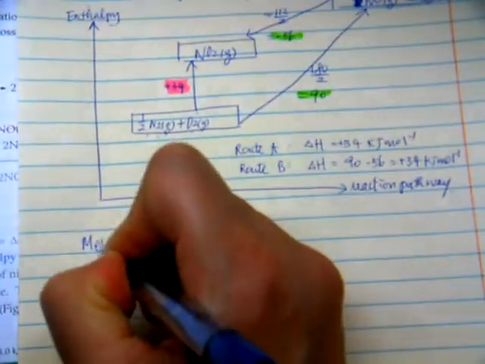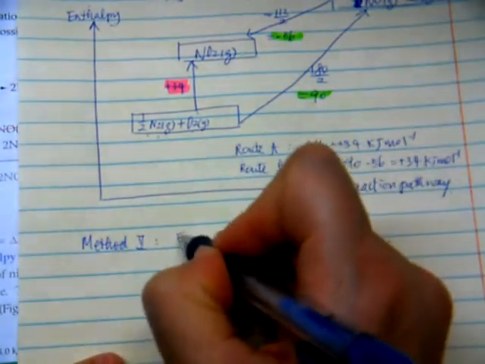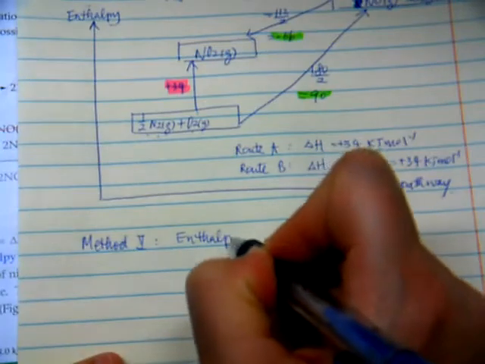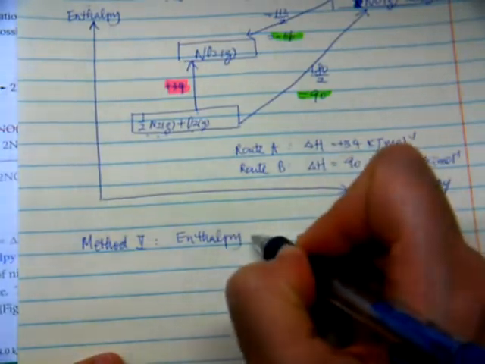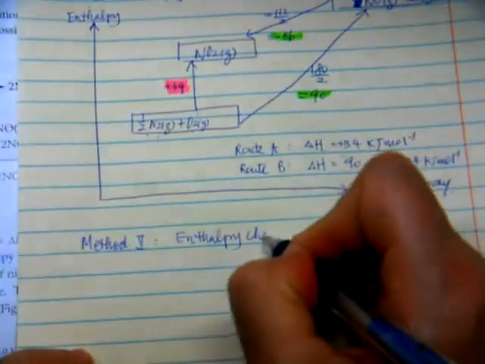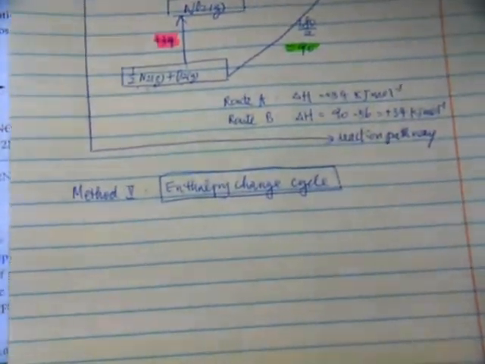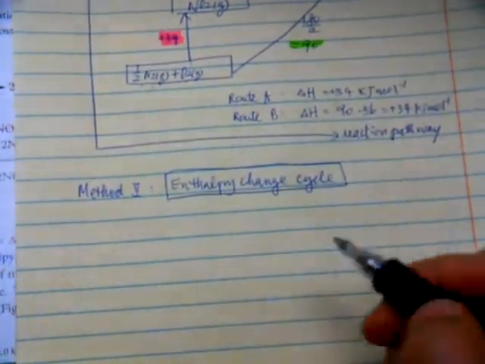And then method 2 is similar, but the only difference is that we are drawing a cycle, an enthalpy change cycle. Enthalpy change cycle, okay? It's easy.